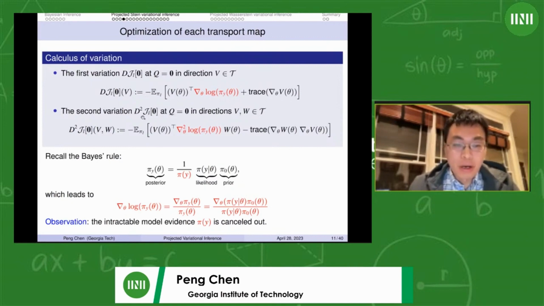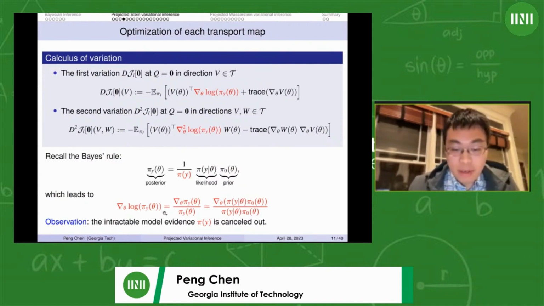And for the second order term, you can also take the second variation, which becomes a bit more involved, but essentially it involves the Hessian of the log of the posterior distribution. And here's the Bayes rule again. As a posterior distribution, you have the likelihood times the prior. We need to take the log of the posterior, and also the gradient and the Hessian.